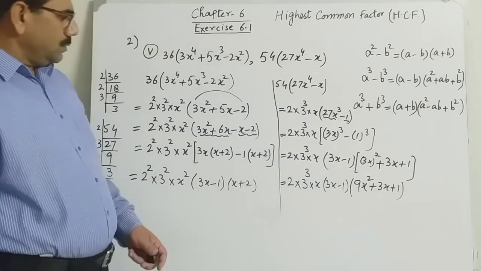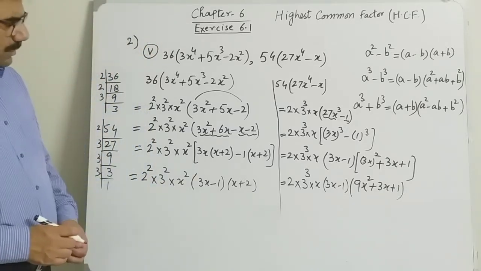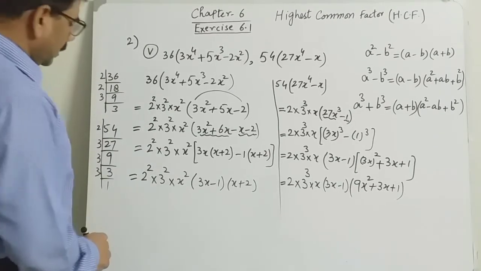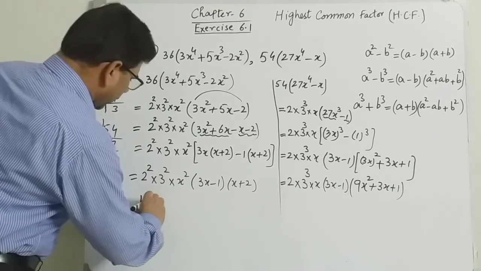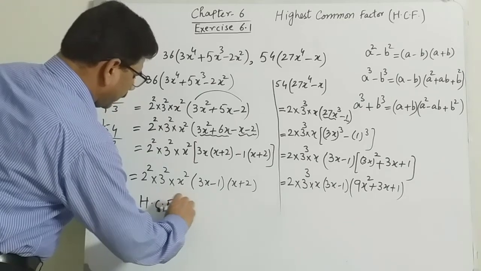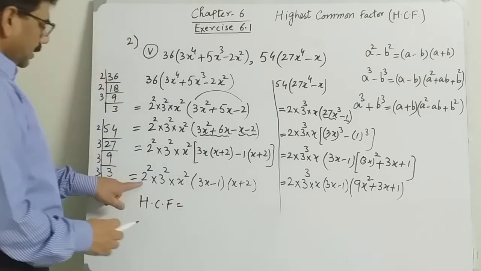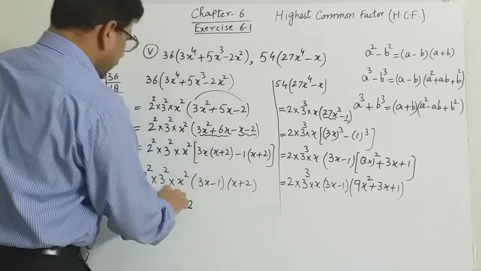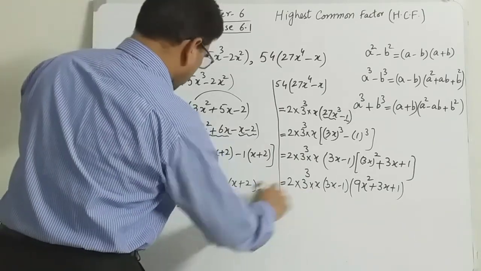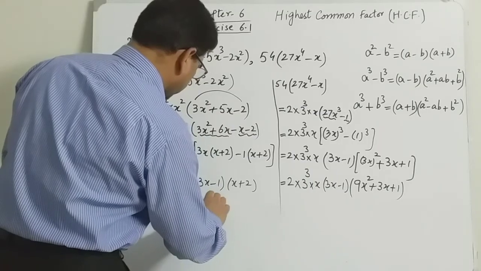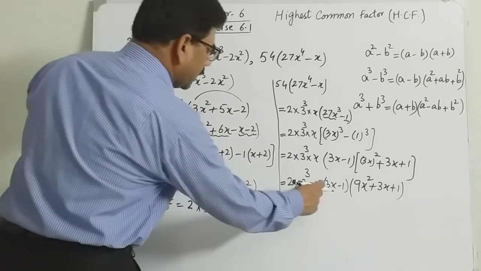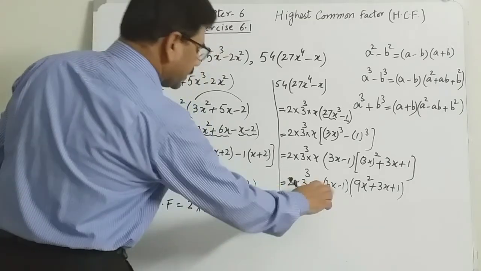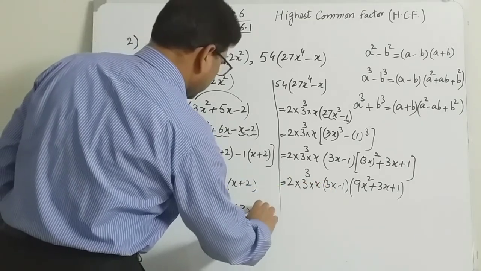So to find the HCF we'll have to find the common factors. From 2 square and 2, 2 is the common factor, and from 3 square and 3 cube, 3 square is the common factor, and from x square and x, x is the common factor, and the remaining common factor is 3x minus 1.